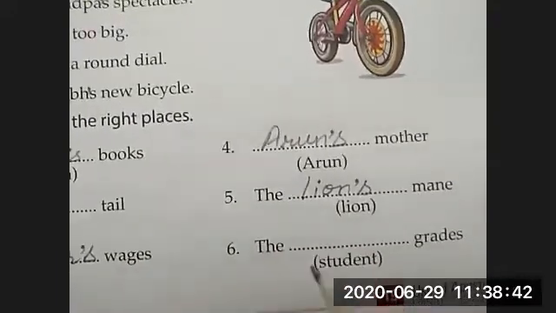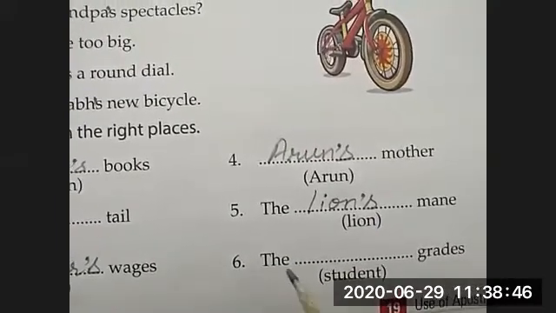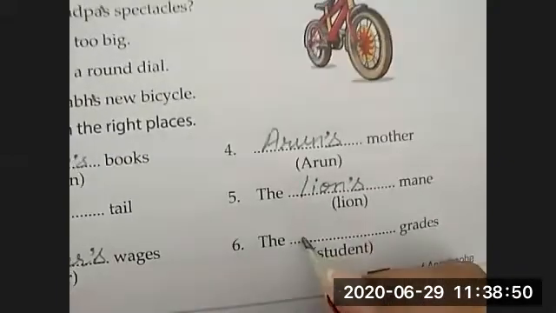Okay. Now the next question is the student's grades. So we will add apostrophe with s. Sorry, students. Here I have added apostrophe.